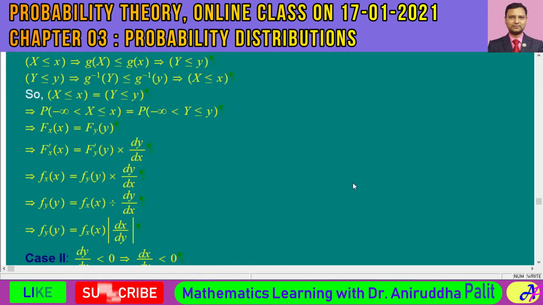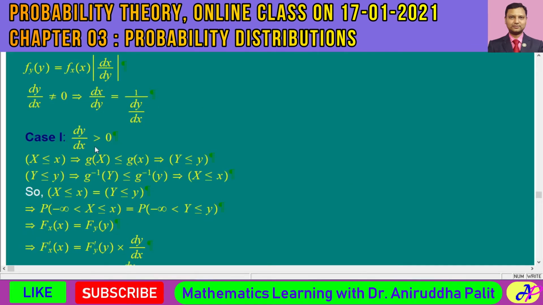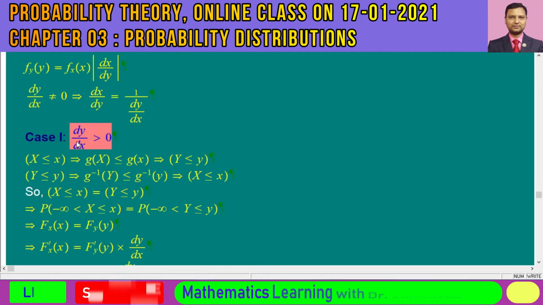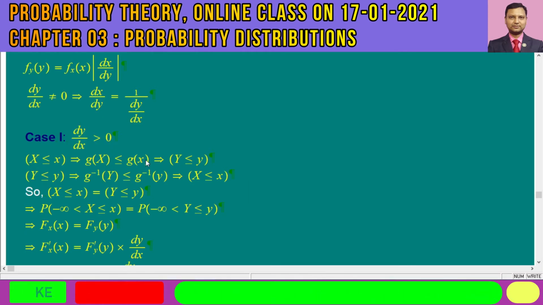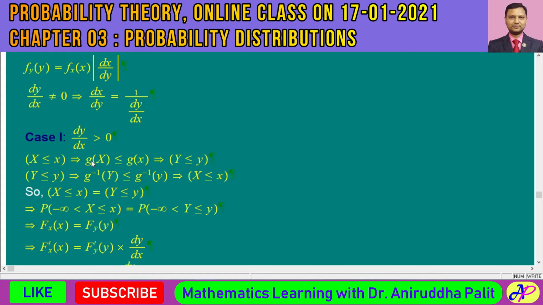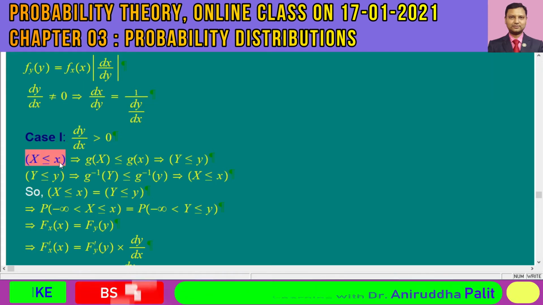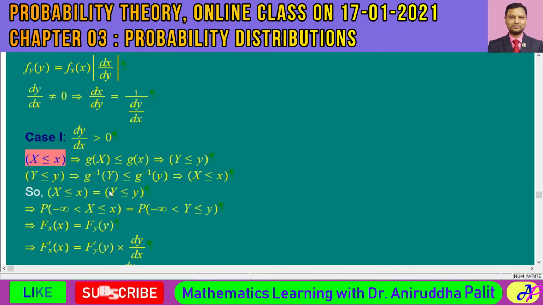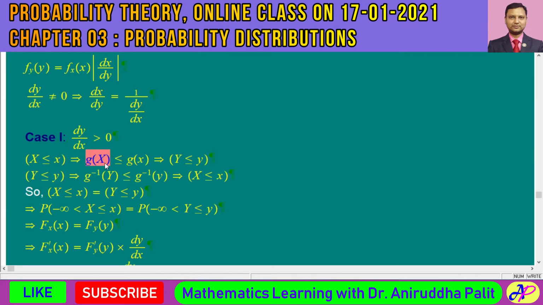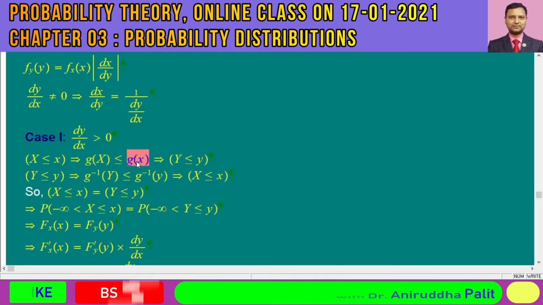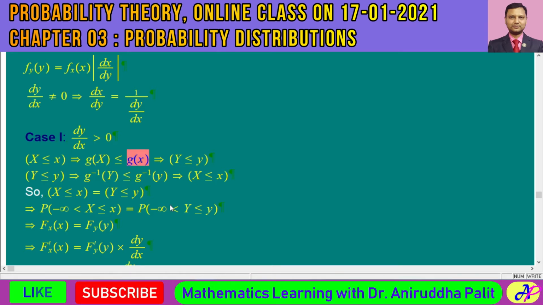You see, consider the case when dy/dx is strictly greater than 0. Strictly greater than 0 means that g should be a strictly increasing function. So if we suppose that capital X is less than or equal to small x, then because g is a strictly monotone increasing function, we can say that g of capital X should be less than or equal to g of small x.